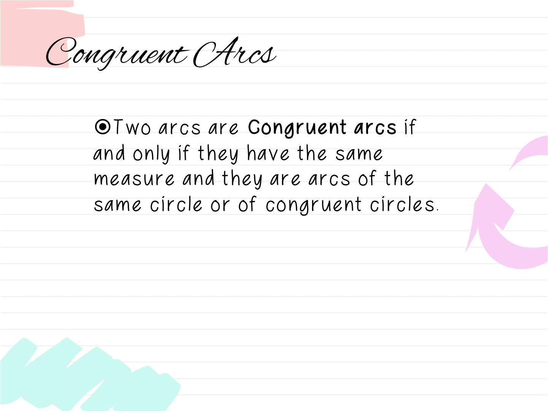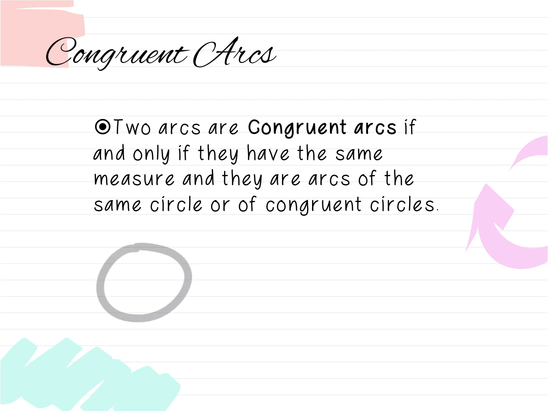Now we have congruent arcs, which is two arcs are congruent arcs if and only if they have the same measure and they are arcs of the same circle or of congruent circles. You can have the same congruent measures for the circles.